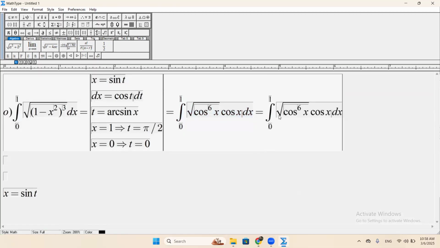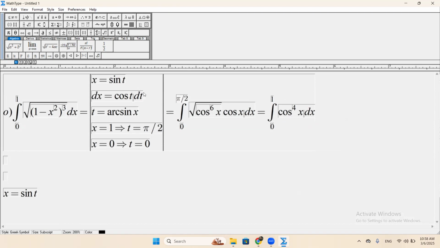We will have to reduce the degree because we have cosine to the power of 4. By the way, the new bounds of integration are 0 and pi over 2. Now no x, only t.